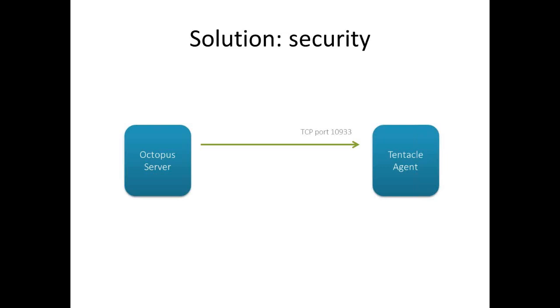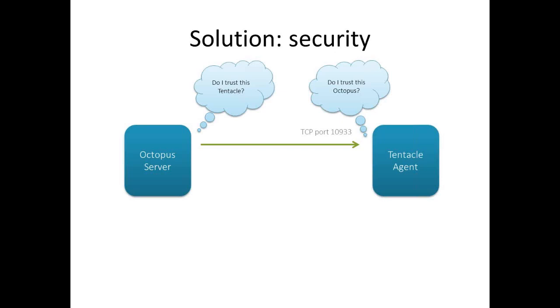Now in doing this, there are two critical security questions that both sides of this equation are going to be thinking about. The Octopus server is about to push up a package that has your code on it, it's got configuration files, potentially connection strings, and it's going to be pushing those to a machine. And it wants to make sure that that machine is the machine it expects and that someone hasn't just done a man-in-the-middle attack and is intercepting your packages.